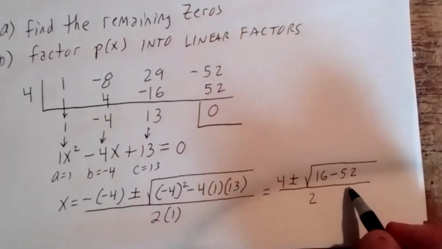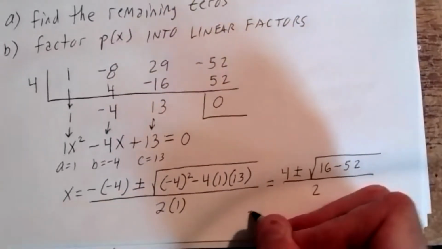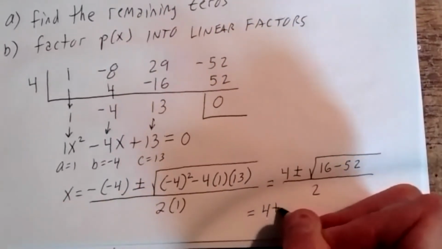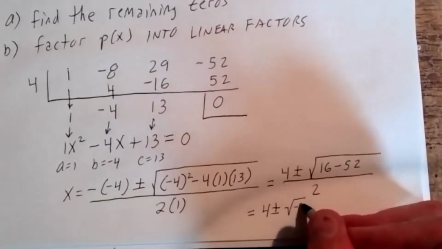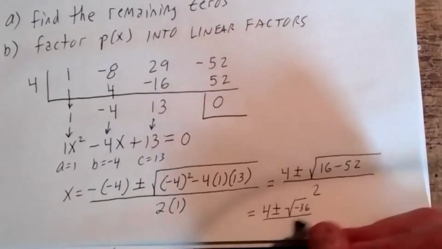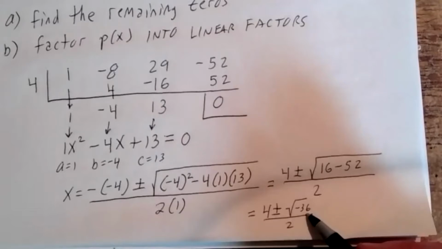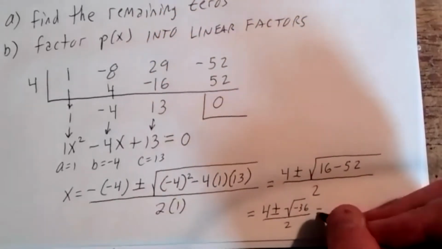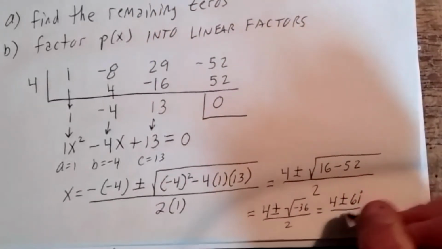What's 16 minus 52? -36. And what's the square root of -36? 6 what? 6i? So we have 4 plus or minus 6i divided by 2.